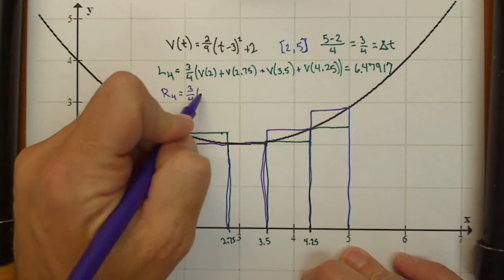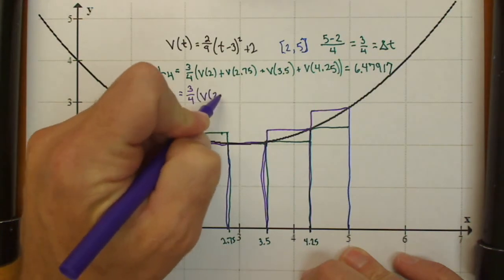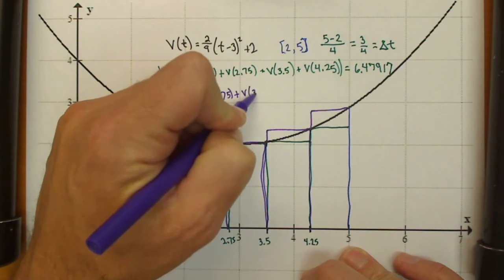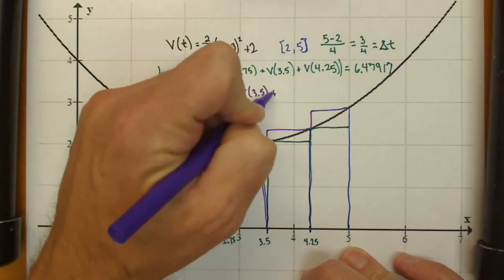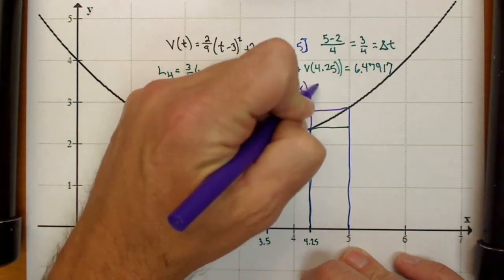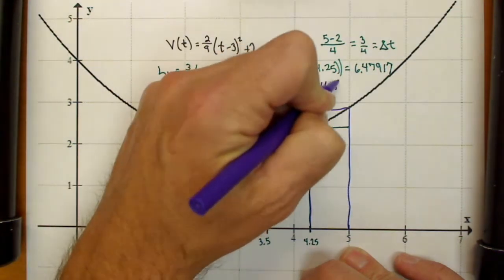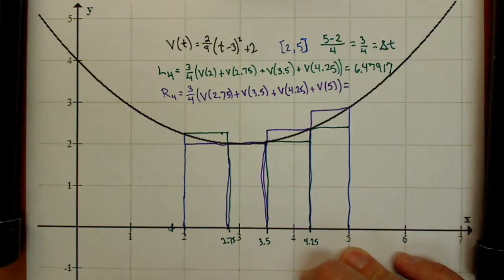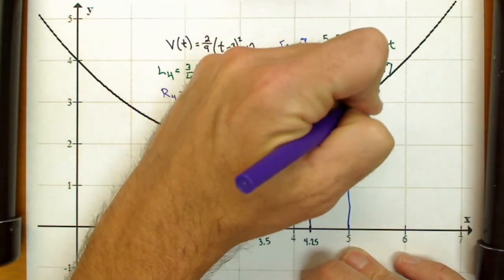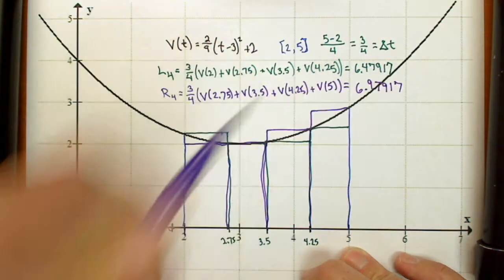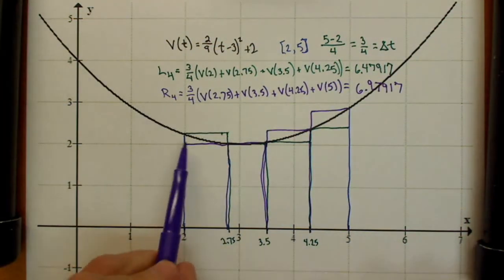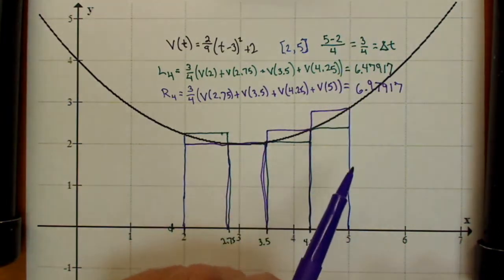So all these points stay the same: v of 2.75 plus v of 3.5 plus v of 4.25 plus v of 5 is now added on. If you calculate this, you get 6.97917 for the right-hand rule. All right, so based on our rectangles, it looks like our distance traveled is somewhere in between there.